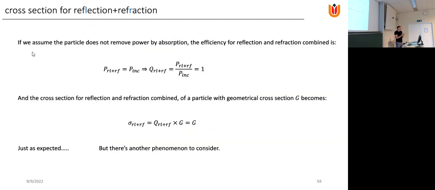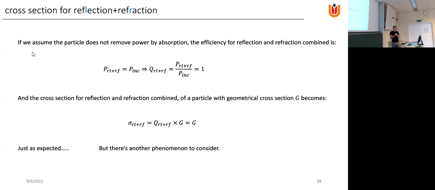If we now take these two effects, refraction and reflection, and assume that the particle does not remove light by absorption, then the combined efficiency, the amount of power that is redirected through reflection and refraction, is equal to the incident power, which is conservation of energy.